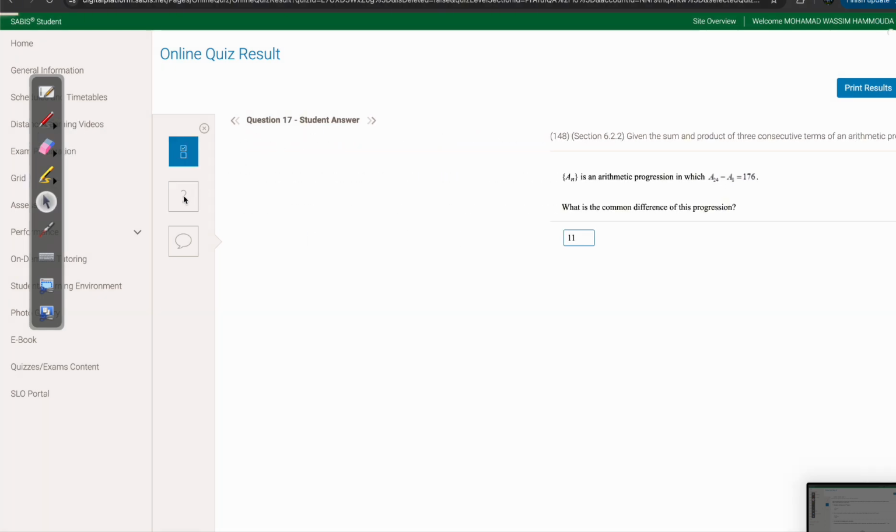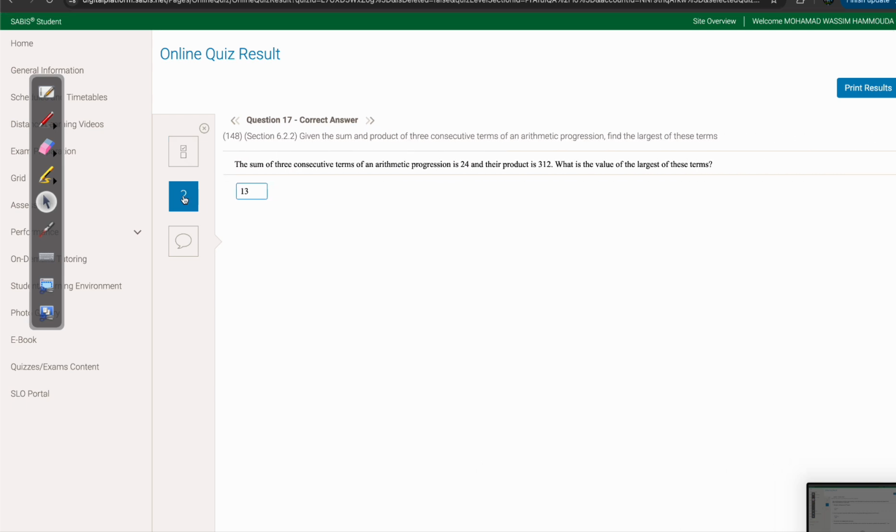Number 17. The sum of three consecutive terms of an arithmetic progression is 24, and their product is 312. What value is the largest of these terms? For this one, I have a really smart way to go for it. Let's say we have three terms, n minus d, n, and n plus d, since we're adding d each time.